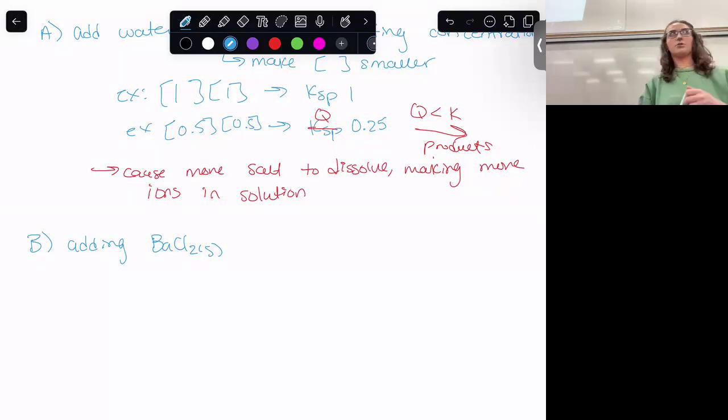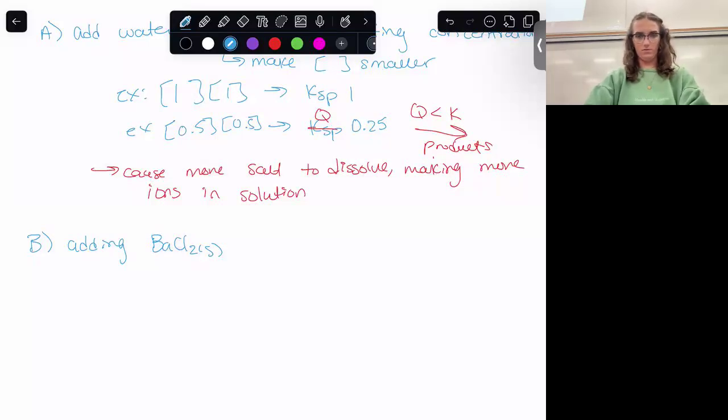Does it dissociate a lot or does it dissociate a little bit? How would we check that? Yeah, it dissociates into both ions.